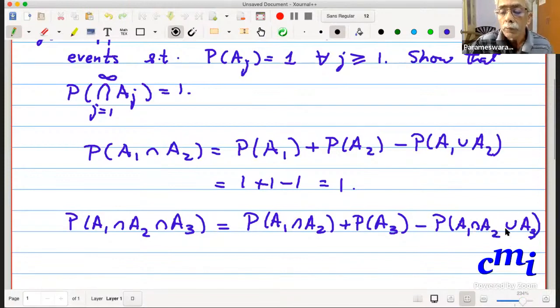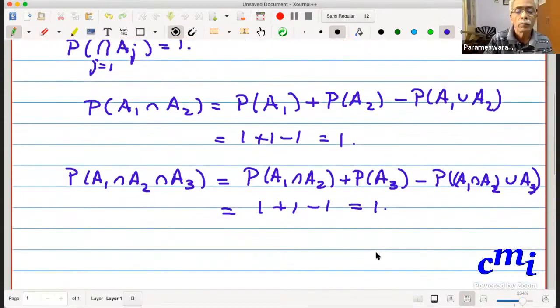And just now we saw the first is 1, so 1 plus 1. The probability of A3 itself is 1, and you have added a little more, so it's not going to change the probability; it's again equal to 1. Union is no problem. So this is again equal to 1, and so on.